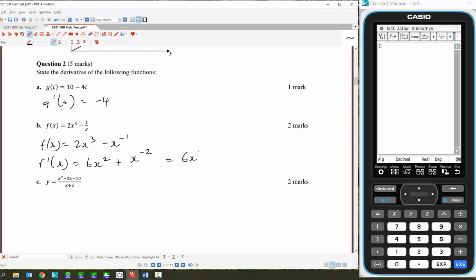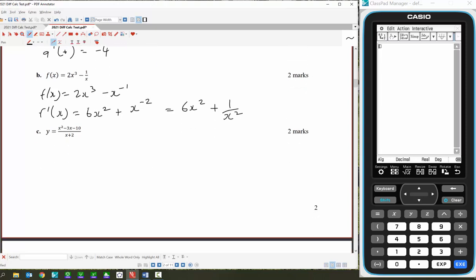You didn't have to write it with a positive index, but that was fine if you did. Just watch the further engagement. That would be correct. If you stuffed up the rewrite to the positive index, you can't get that mark because that's called further engagement. So I can't pretend that it didn't happen.